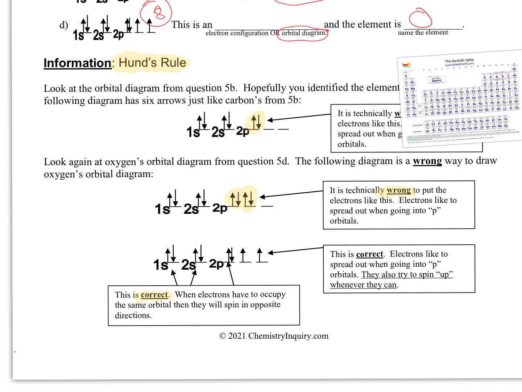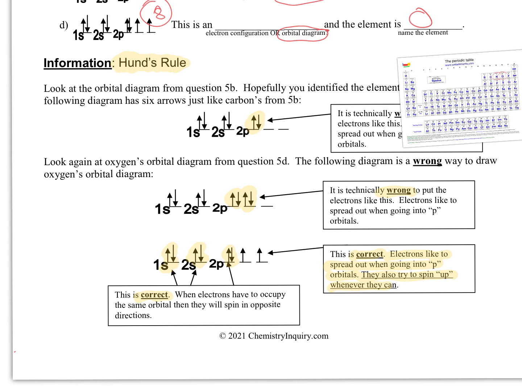This is correct. You're going to fill up the S with 2, fill up the next S with 2, and in the 2p, we have to put one at a time in each orbital, and then we pair it up. Electrons like to spread out when going into p orbitals. They also try to spin up whenever they can. So this is one thing that's not talked about first.